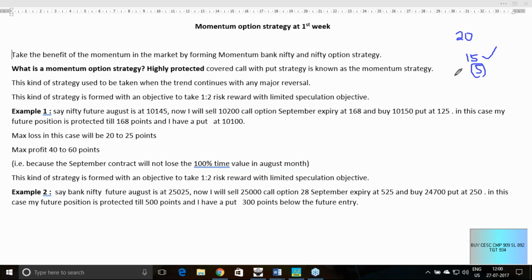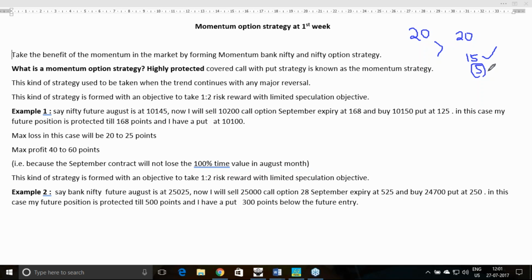Whenever you take the previous month's data, 20 trading days, if the majority of the days give you a positive outcome, meaning the instrument closed with a positive gain, and the minority of the days give you a negative return, you can say that no major correction has happened.